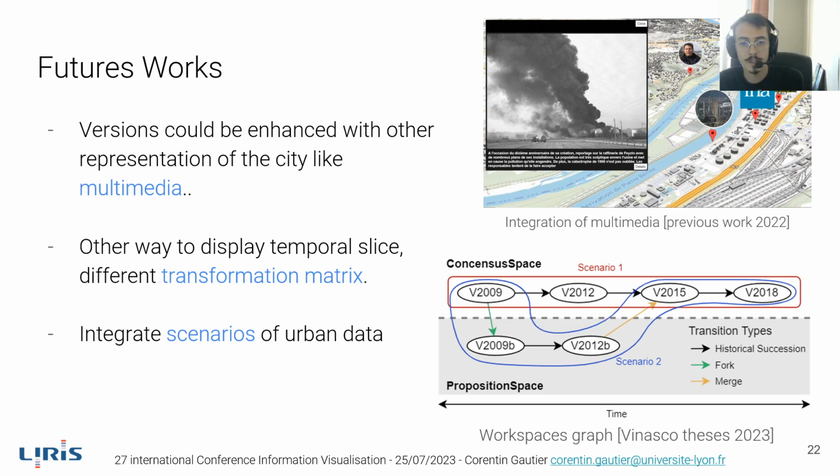Maybe we can enhance the representation of the city, the STC, with different urbanization scenarios of a district and see why we choose this urban project and not another one, or maybe pick some building from scenario A and integrate it in scenario B, etc.